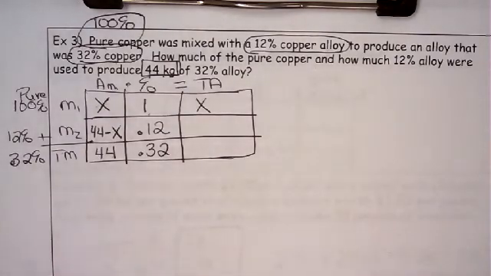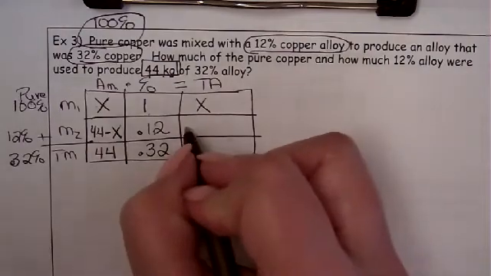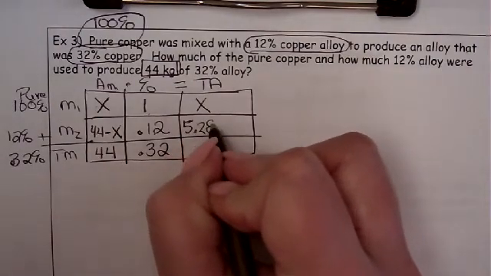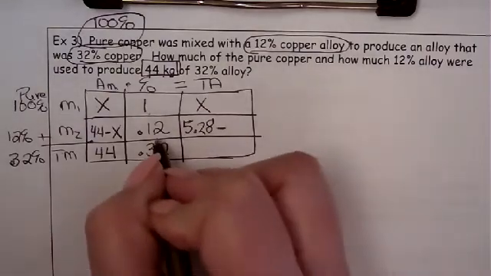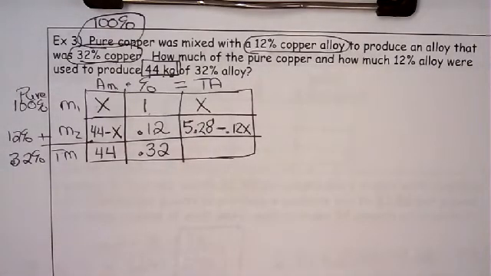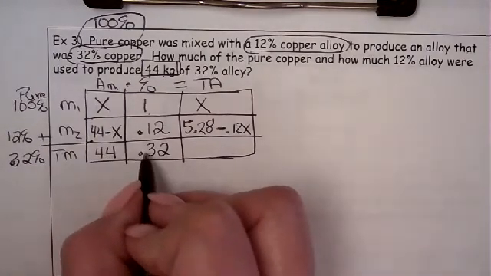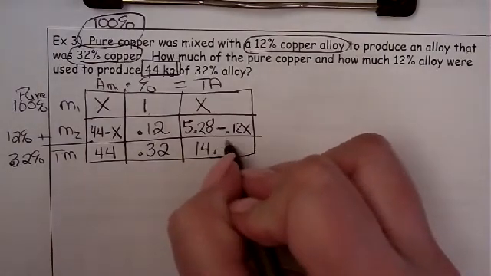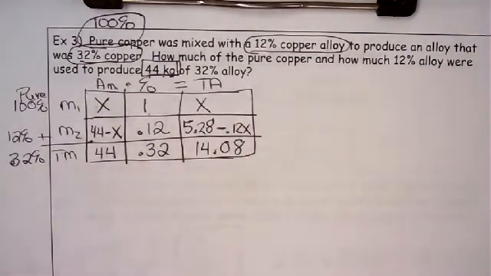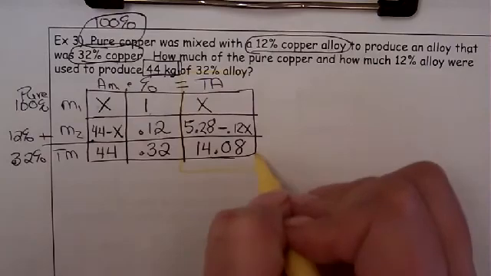Now, when I multiply my 12% right here, I'm going to have 12% times 44, which is 5.28, minus 12% times X is 0.12X. Okay, now let's do our last one right here. We're going to do 44 times 0.32, and that's going to give me 14.08.